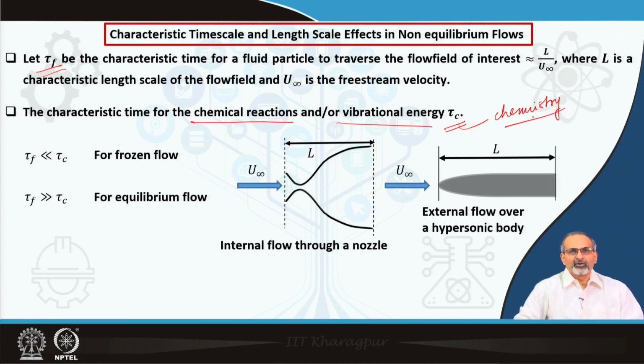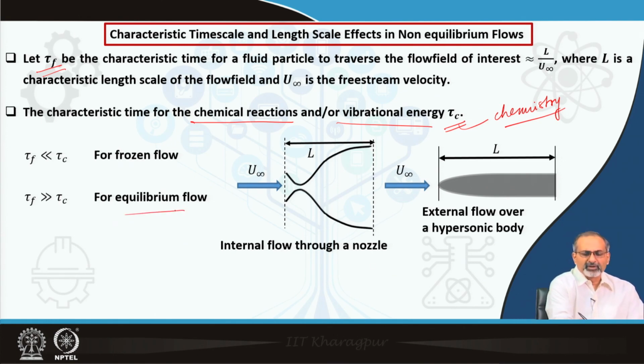For frozen flows, it so happens that the flow time is much smaller compared to the chemistry time. That means, the time required for chemical reactions or vibrational energy exchanges to take place is way longer than the flow time, and therefore, none of those really happen. That means, the chemical reactions or vibrational energy exchanges do not find a scope to happen.